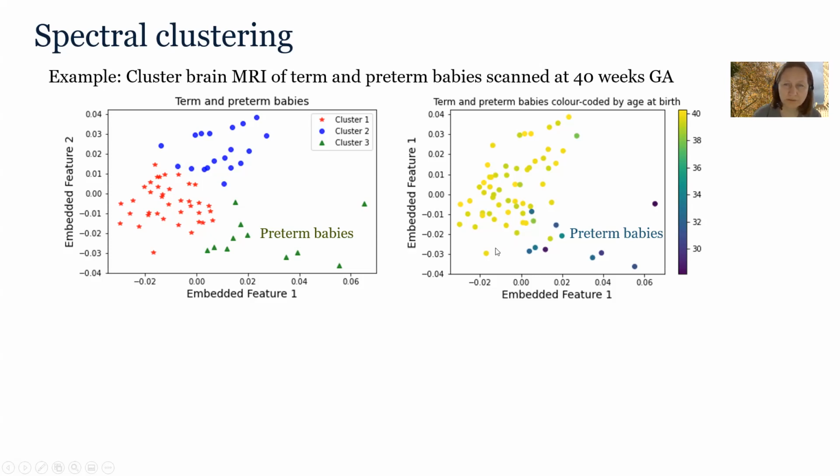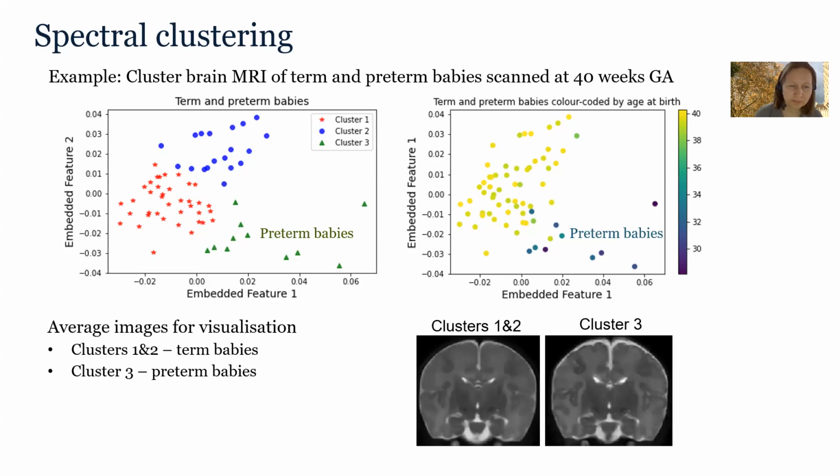So to visualize the features that spectral clustering learned in this example, we can calculate the average images for each cluster. And in this case, because we see that cluster 1 and 2 correspond to term babies and there doesn't seem to be a particular dependence on the gestational age at birth, we join them together and calculate the average image for these 2 clusters.